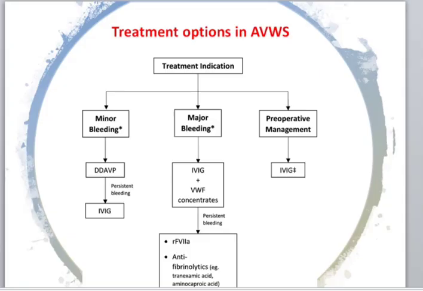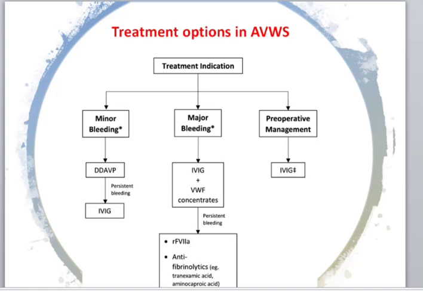So this is an algorithm from the ASH article, if I remember it correctly. They have shown a small algorithm which says that for minor bleeding, you can give DDAVP, but if the bleeding is moderate or major, then you cannot give DDAVP because of the risk of developing tachyphylaxis.